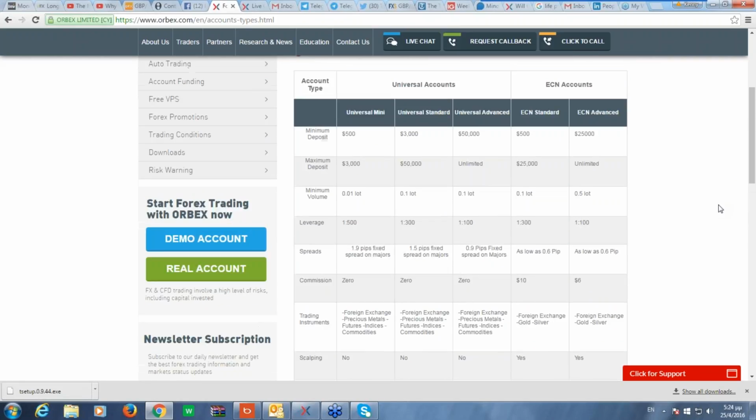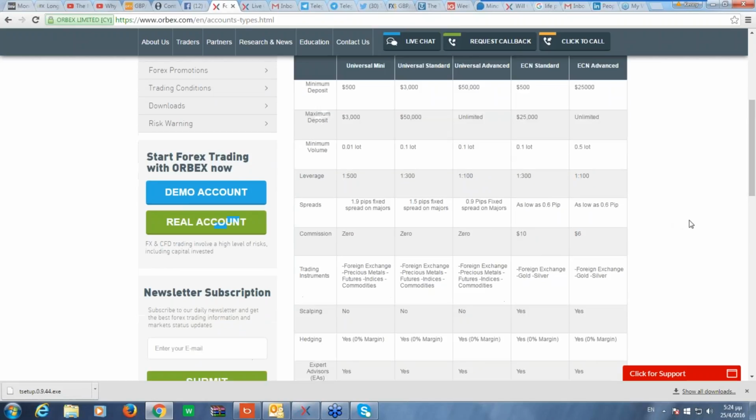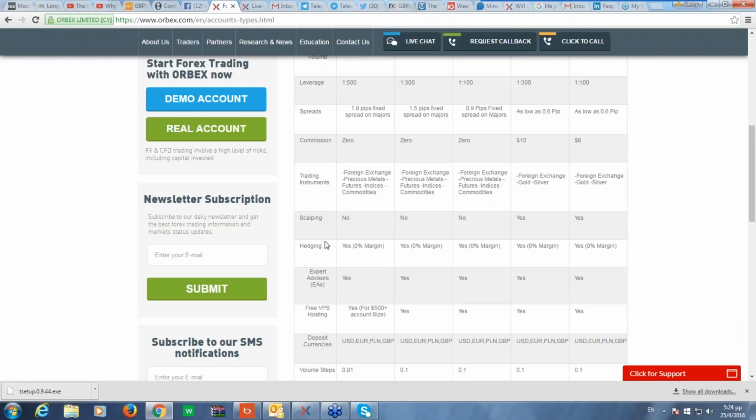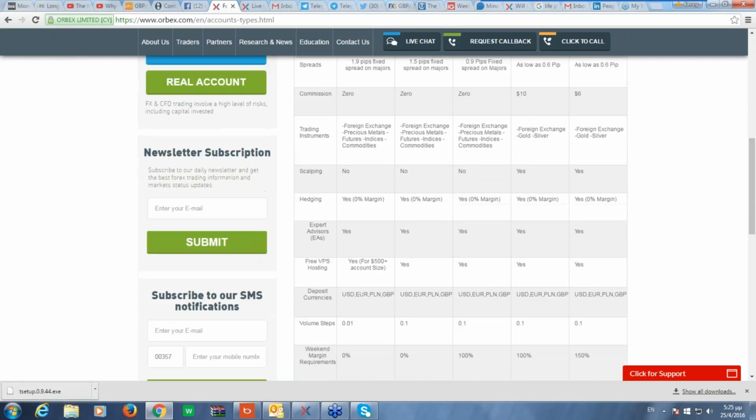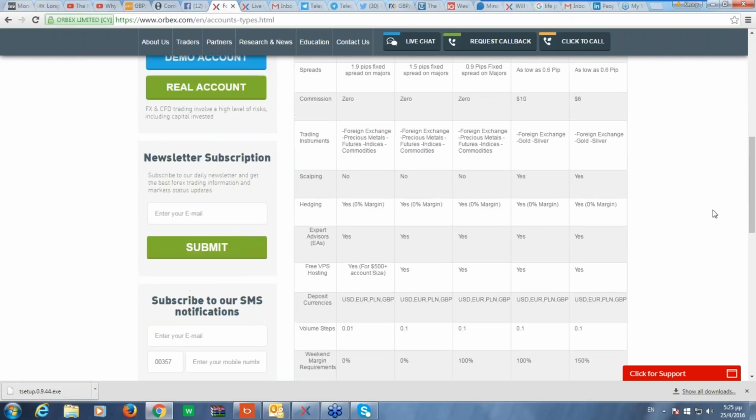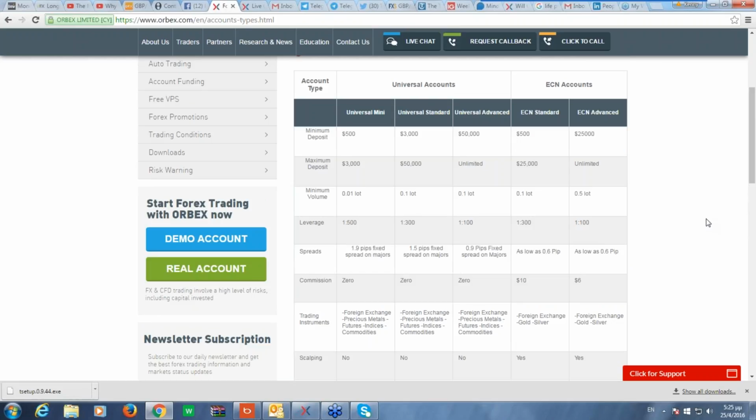So it's best for you to look into these tables, the differences between ECN type accounts and universal type accounts, and look at what you need as a trader. If you need to scalp and hedge, and mainly to scalp, for example, then the universal account may not be suitable, because you would need to go to ECN. One of the major advantages of ECN is its trading conditions.